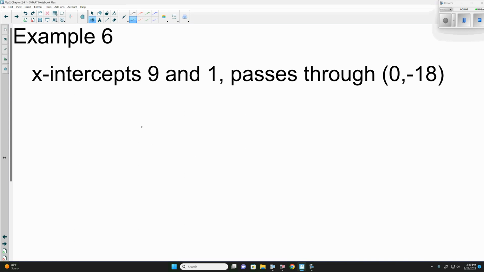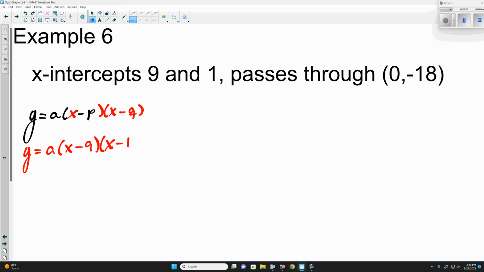Example 6, this is the last one. So what are the values? Well, we have x-intercepts, yes? So we use a times x minus p times x minus q because we have x-intercept form, yes? What's the value of p and q? So we have y equals a times x minus 9 times x minus 1.